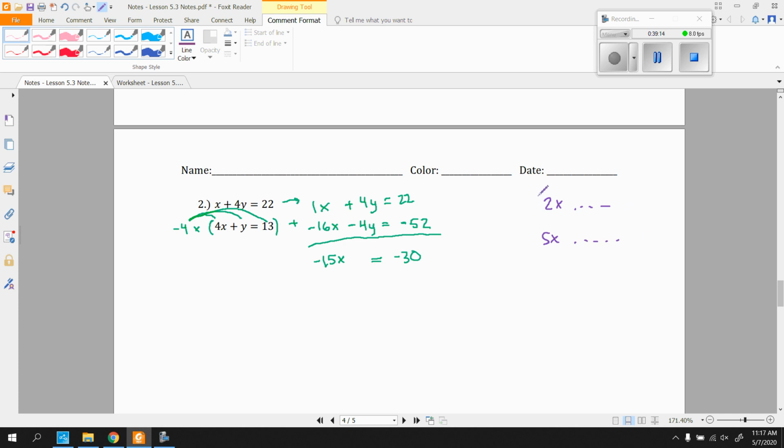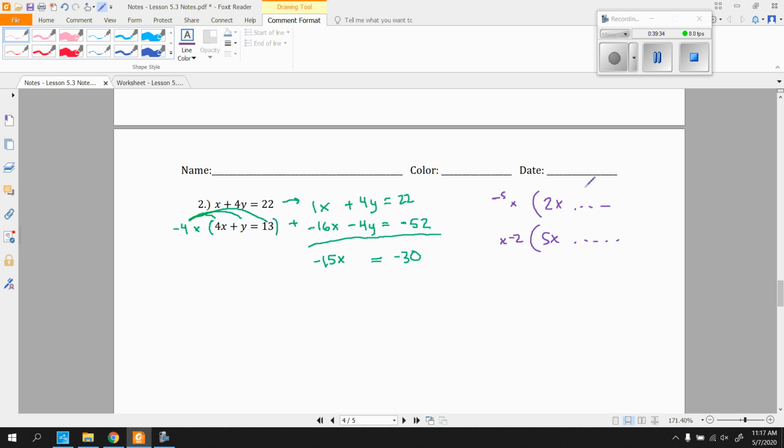You could multiply both equations by something. I could multiply this top equation times -5. I can multiply the bottom equation times -2 and get -10s on both of these. You could do that too. So there's options as far as what you multiply.